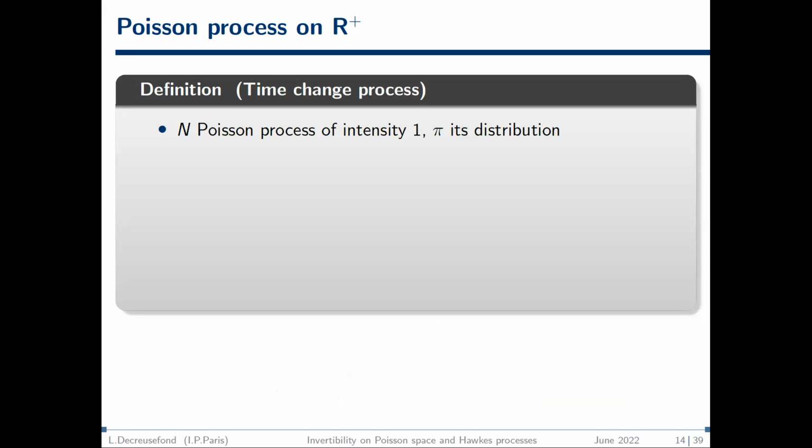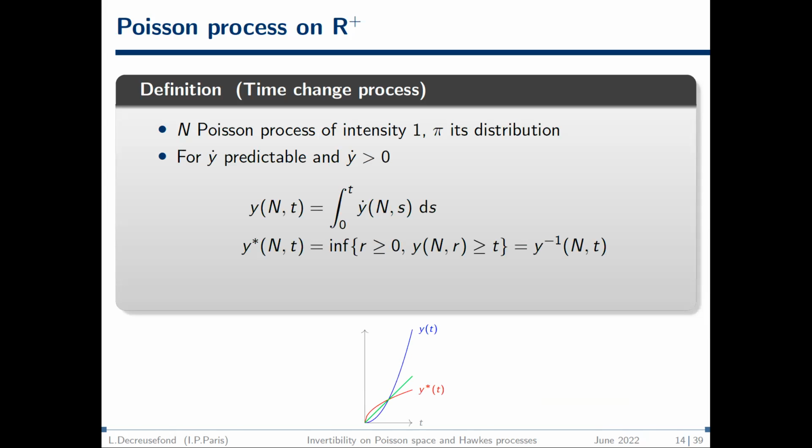Okay, so actually we went in a completely different way of thinking. Consider N, which is a Poisson process of intensity 1, and pi is its distribution. And you take y dot, which is predictable. So predictable means that at time t, it depends on all the past of N strictly before time t.